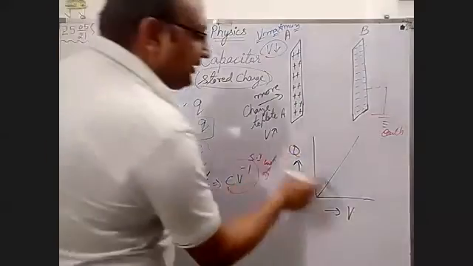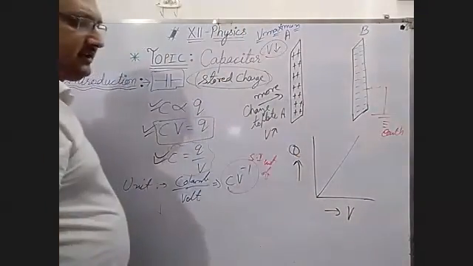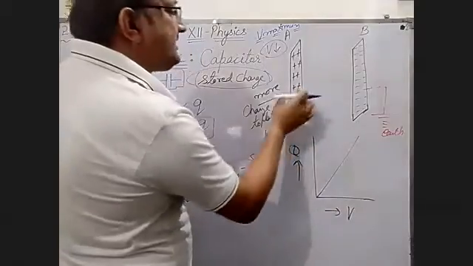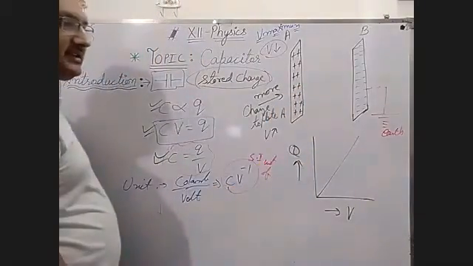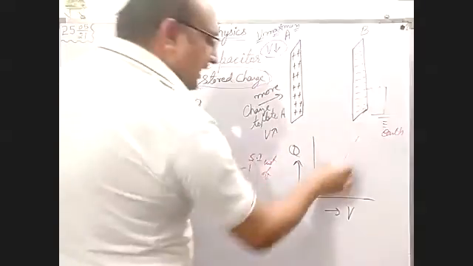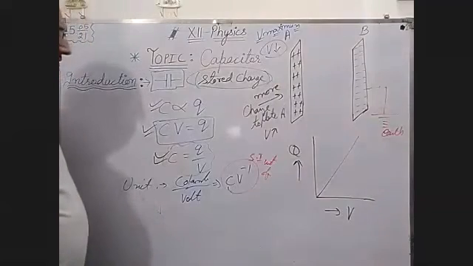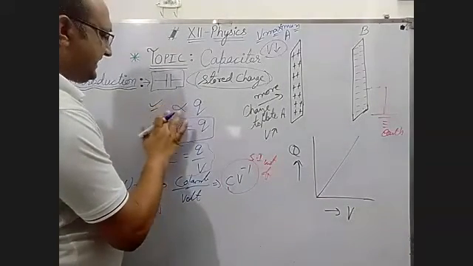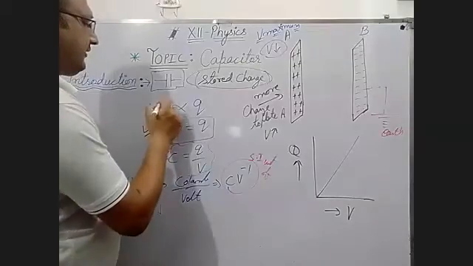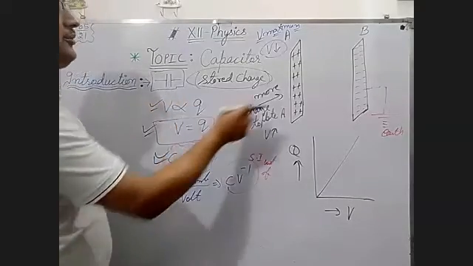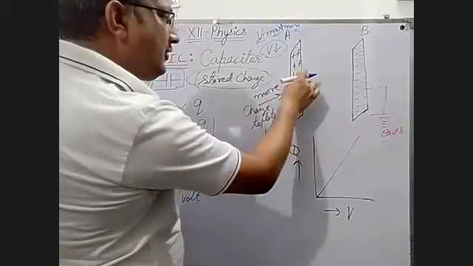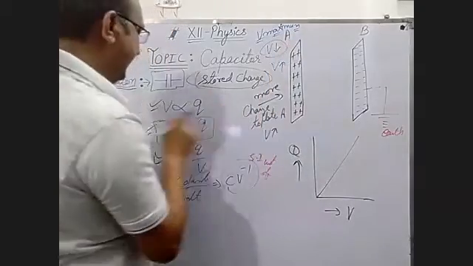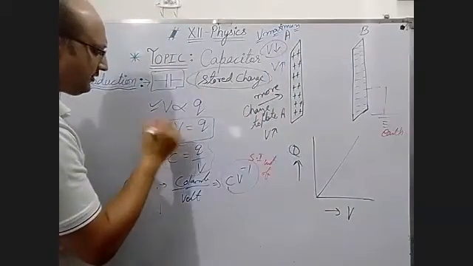If QV graph is there, suppose as Q is increasing, voltage is also increasing, then the graph between them is, okay, no, not C, C is a constant quantity here. We have to take potential and Q, because as we increase the value of Q, potential is again increasing at plate A. In this way we have to take.